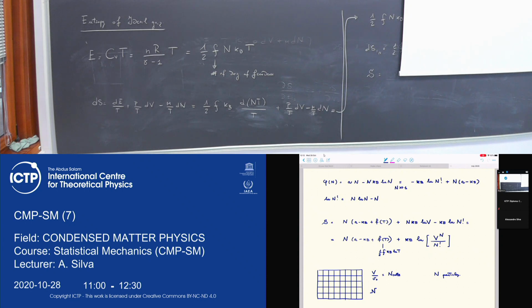Is it the same number with n cells? No. How many ways? You want the number of cells to be called by a different letter. Let's call it nun. Well, you don't know this letter. It's a Hebrew letter. Your question is how many ways to put these n particles into this strange letter number of cells?